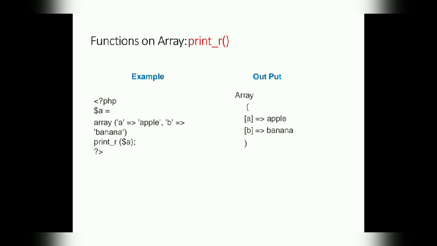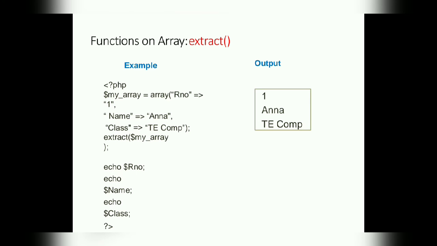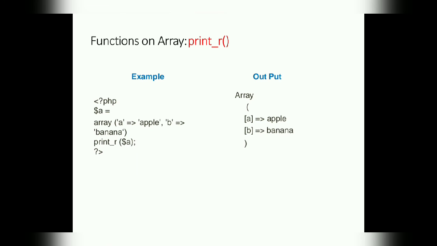So asort should be taken as ascending order on values and ksort as ascending order on keys. Again, arsort sorts associative arrays in descending order on values, and krsort will sort associative arrays in descending order on keys. So these are basic functions that can be used with arrays in your program.